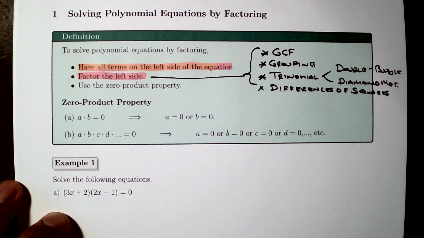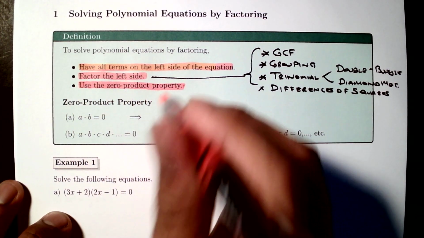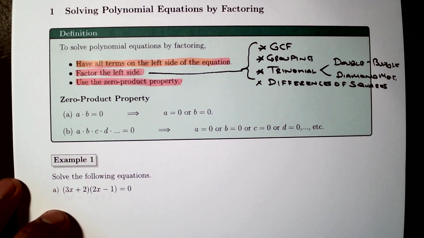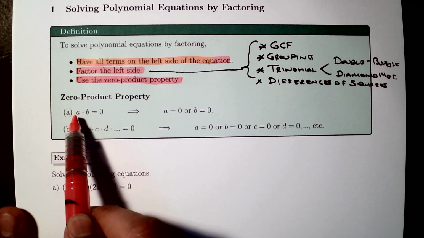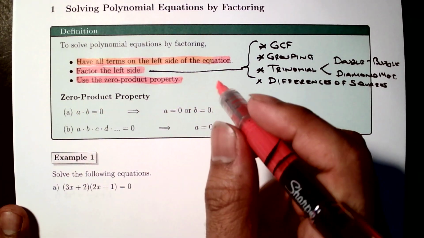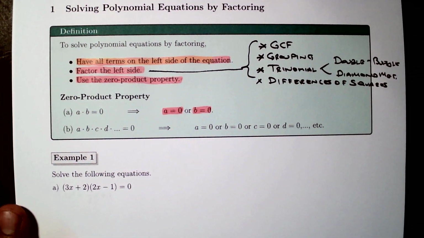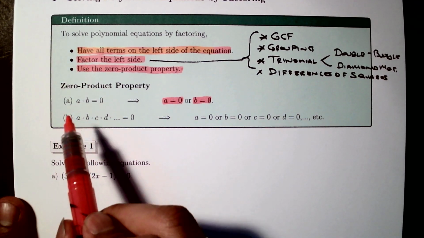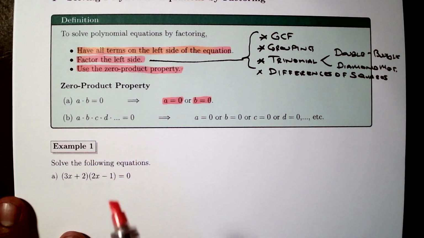And then we're going to use a new property that we learned in this section, the zero product property, which states that once we have a polynomial in factors, a times b equals 0, what we do is set every single factor equal to 0. The basic case is to have two factors, so each factor is being set equal to 0.